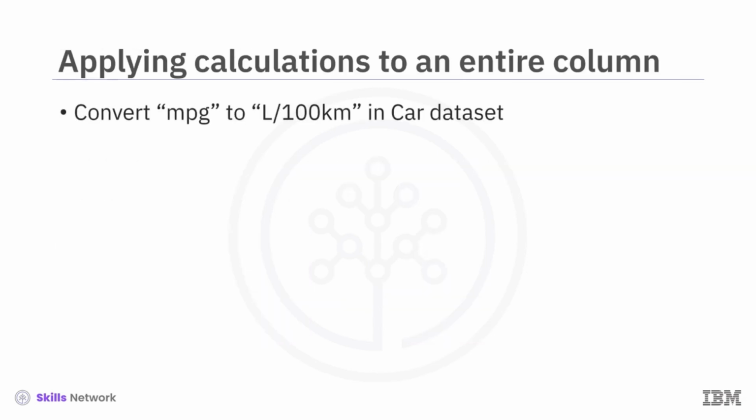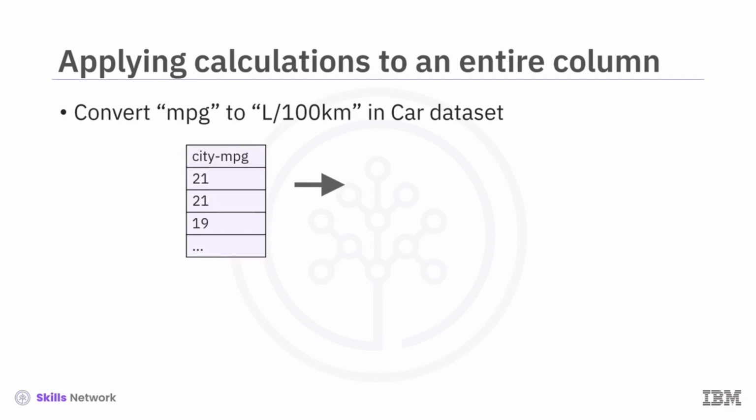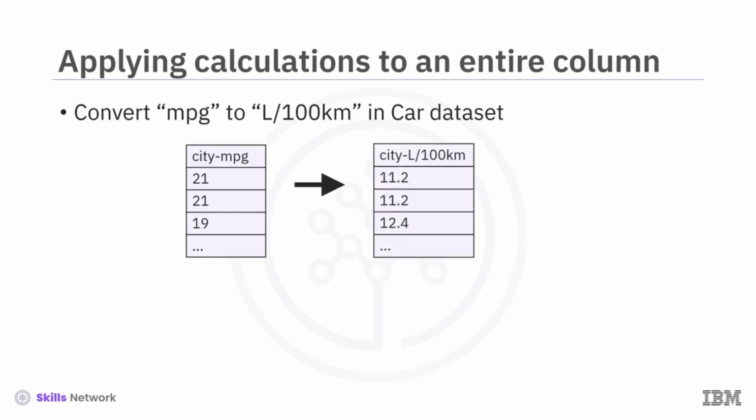Referring to our used car dataset, there's a feature named city miles per gallon in the dataset, which refers to a car fuel consumption in miles per gallon unit. However, you may be someone who lives in a country that uses metric units, so you would want to convert those values to liters per 100 kilometers, the metric version.